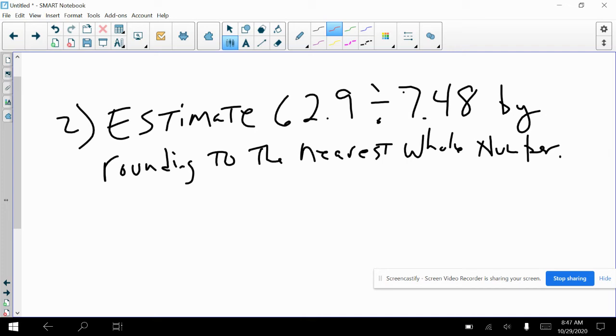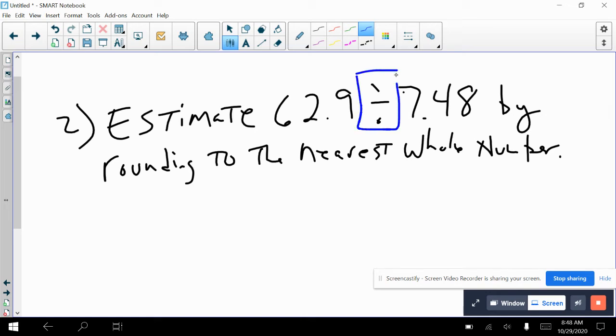Mason? Okay, you're dividing. Some of you will overlook that part. The only difference is that symbol. Everything else stays the same. Yes, you have to look at the operational symbols.